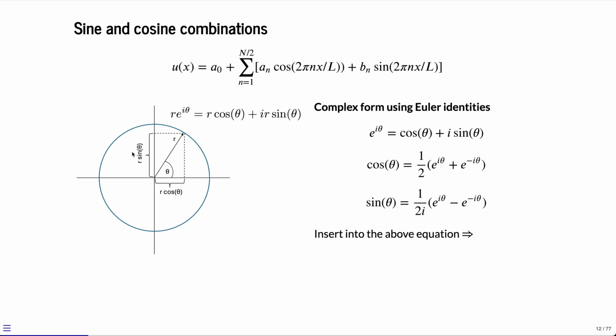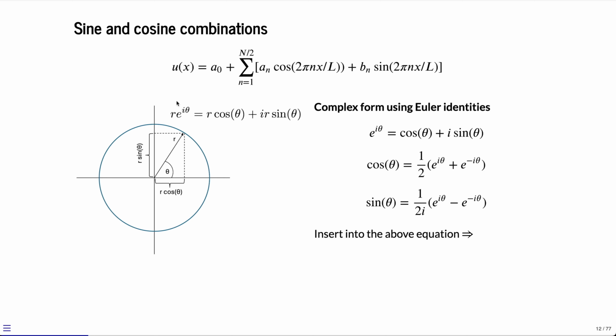So you might want to pause the video, take whatever time you need to fully and completely absorb this slide. But here we've written this, Euler's identity is e to the i theta is cosine theta plus i sine theta, and we've multiplied across by r.